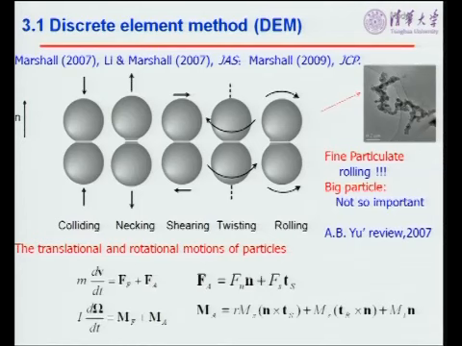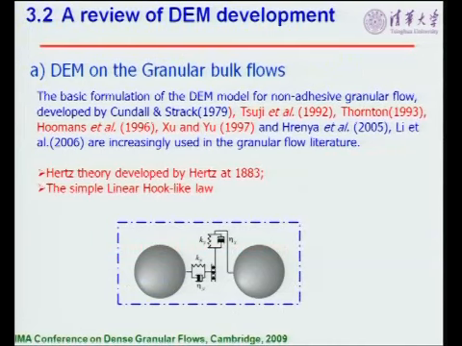So we don't consider them for dry particles. We only consider the colliding, normal force and sliding friction. And this is the translational and rotational motion of particles. This is the equation. We don't consider fluid force here.